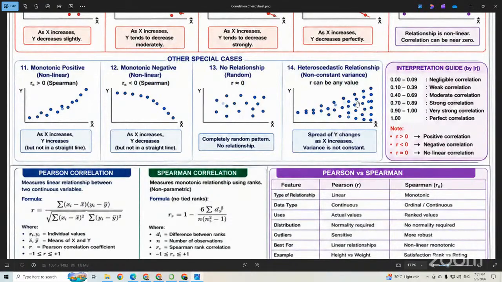if it appears in this way, in that case we can say a non-constant variance and heteroscedastic relationship. So these are some types, so that when you import the dataset and have the scatter plot, all these options which we present in this sheet will help you understand your dataset.